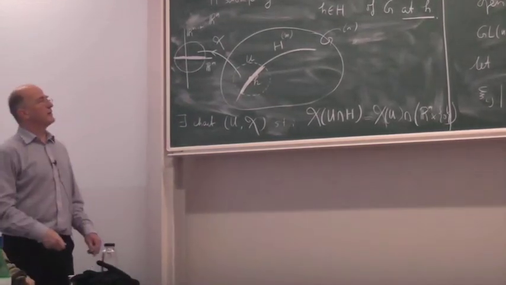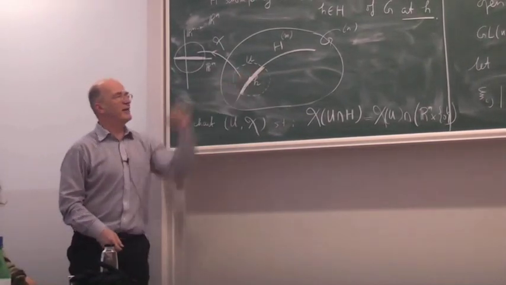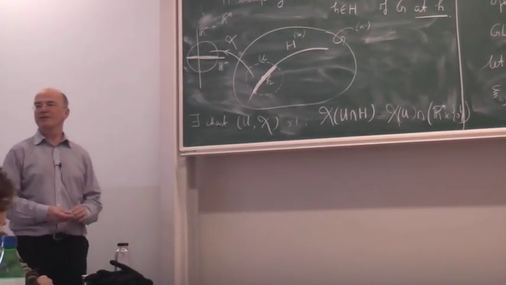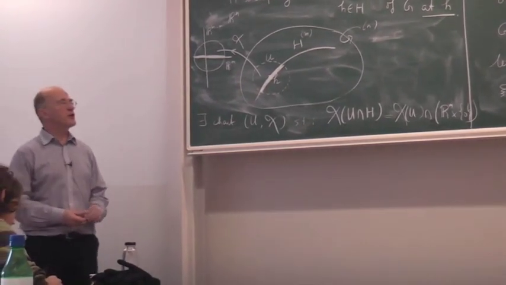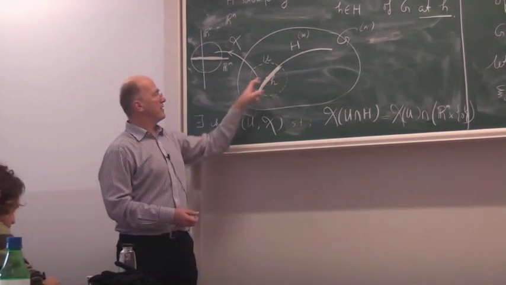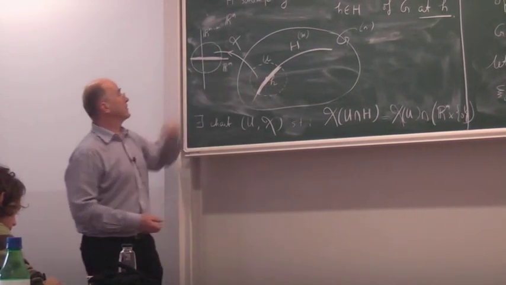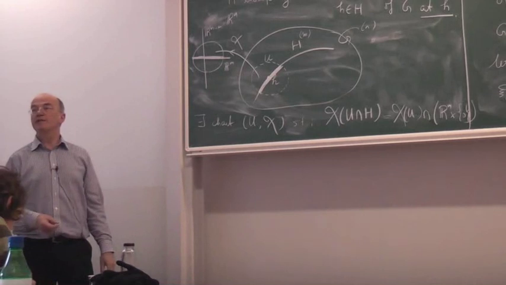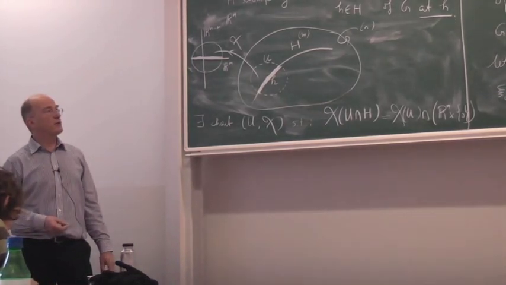In other words, we bring this thing to a kind of standard form. It should be possible to use a chart to bring this subset in the neighborhood of h to that standard form of a linear subspace. This was the definition of a submanifold.